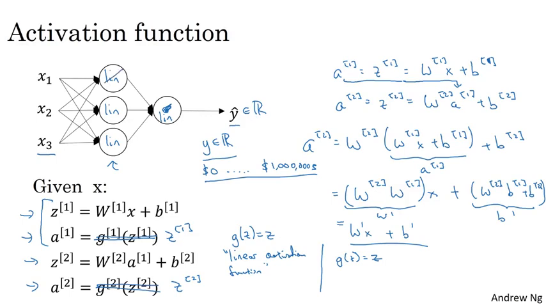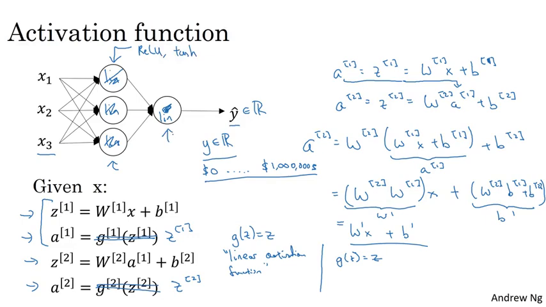But then the hidden units should not use linear activation functions. They could use ReLU or tanh, or leaky ReLU, or maybe something else. So the one place you might use a linear activation function is usually in the output layer.